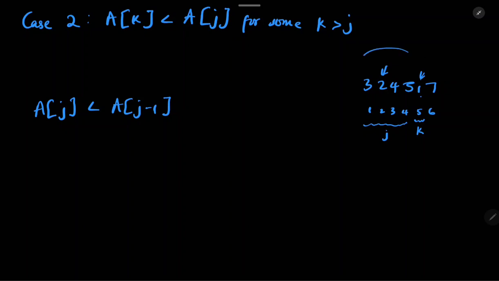There is an A[j] in this example that is less than A[j-1]. So it means that if some algorithm gave us this as a sorted array, it is a contradiction to our insertion sort algorithm. So we have done both the induction proof and the contradiction proof as well.